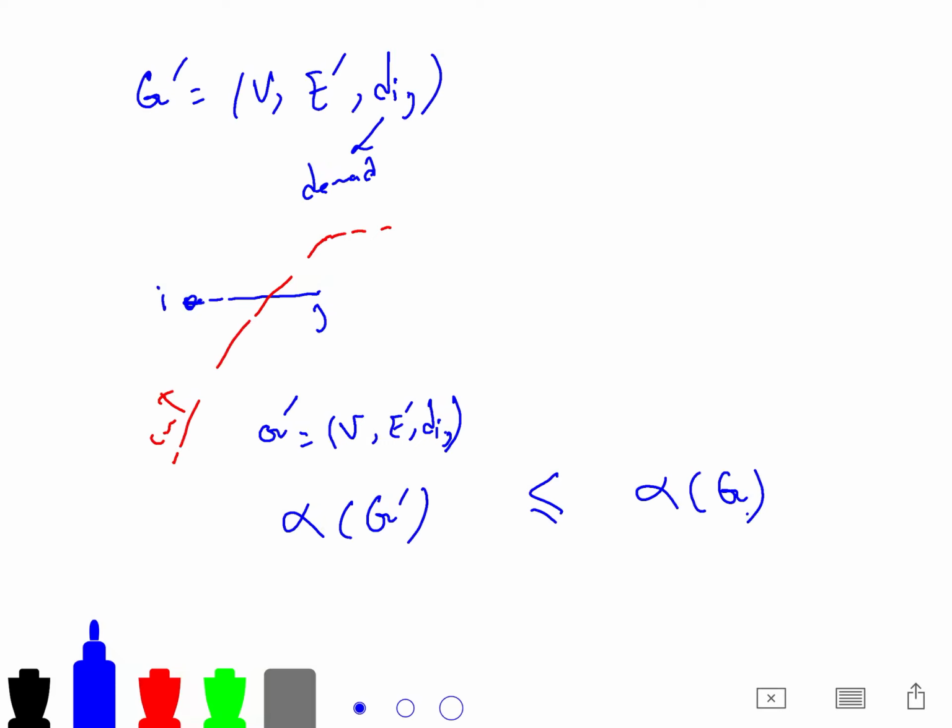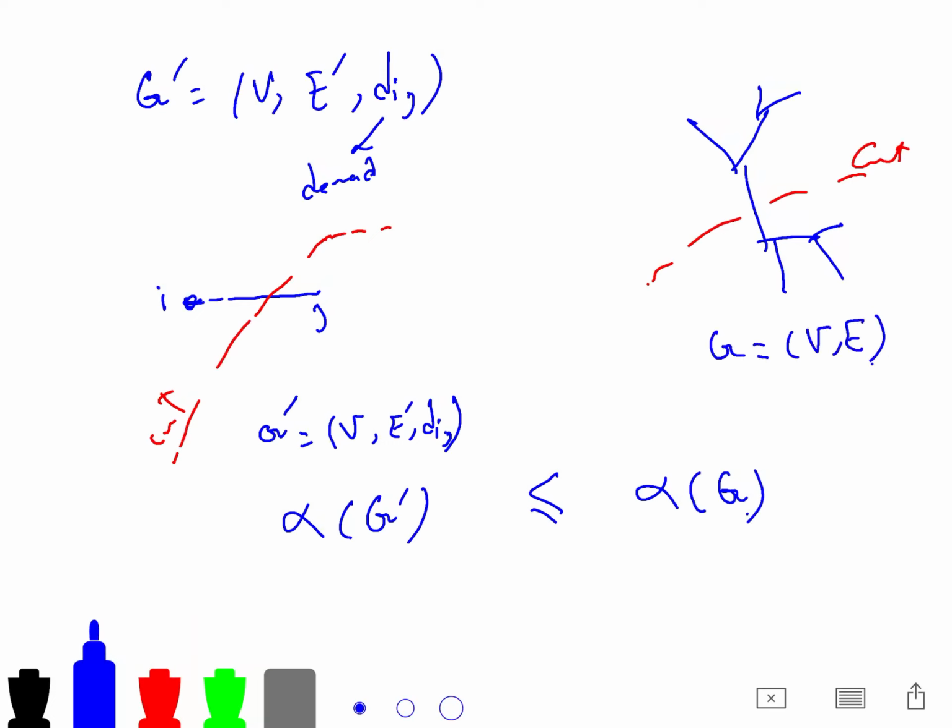So you have, for example, let's say this cut here, and this corresponds to the graph G equal to V and E. And from all edges, we just have a selection of E prime. And we want, so the edge expansion, alpha of G, the edge expansion is the minimum of all edges that cross.